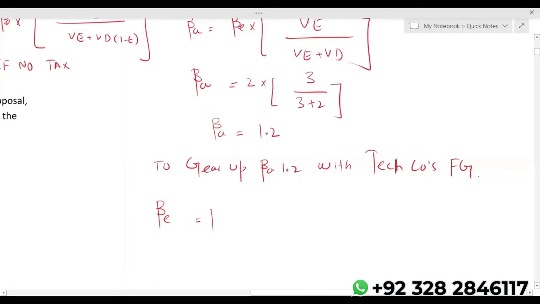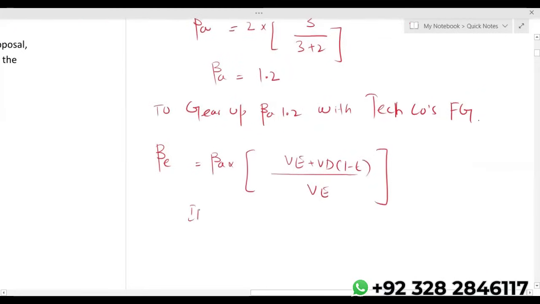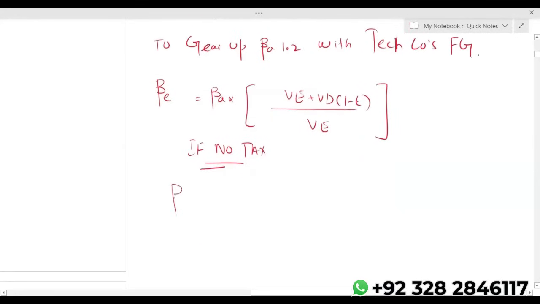So beta equity is equal to beta asset. Formula also changes. Market value equity plus market value debt (1 minus tax rate) divided by this. If no tax, which is happening here, then formula changes. Beta equity is equal to beta asset into market value equity plus market value debt divided by VE.